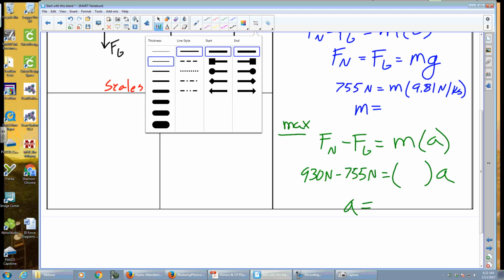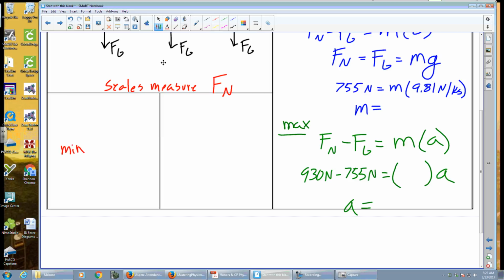Let's do the minimum and do it over here just so they're all together. Same equation again. Except this time my acceleration is negative.